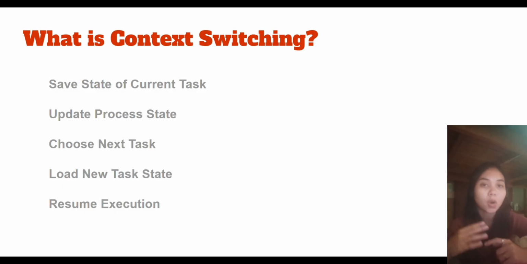The OS restores the saved registers, program counter, at saka stack pointer from the PCB or TCB of the next task. So, if process siya, it may also switch memory mappings. And the fifth one, lastly, it resumes execution. The CPU continues execution from where the new process or thread left off.